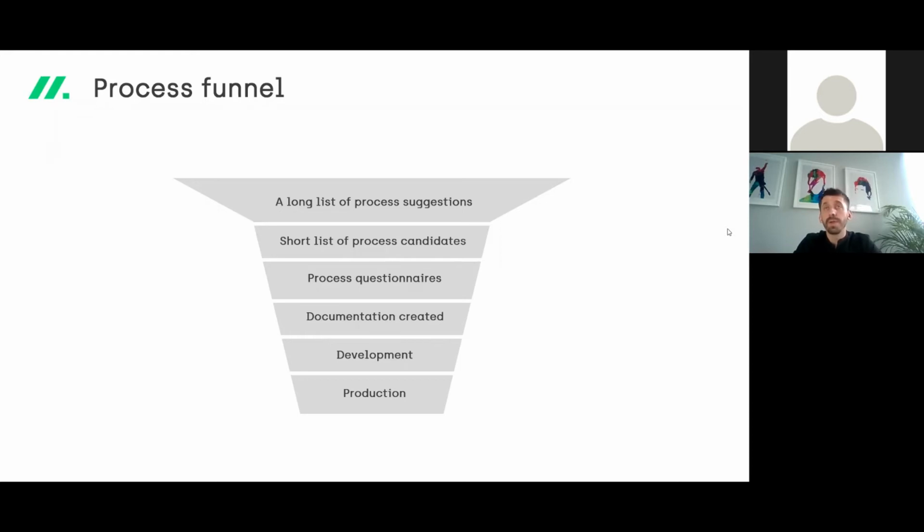Then we are developing the process, and the last step is to run the process in production. So as you can see on this funnel, it is really important to have at the beginning a pretty long list of the processes, because with each step of the funnel, the number of the processes is decreasing.